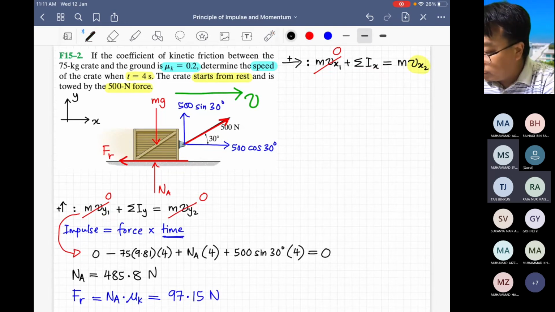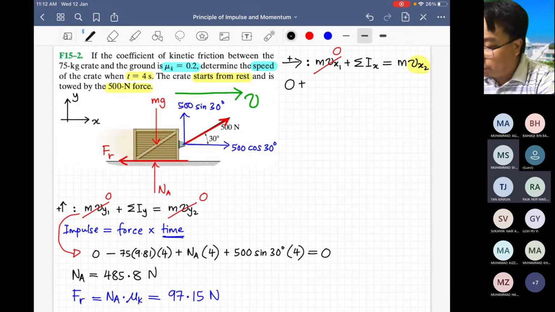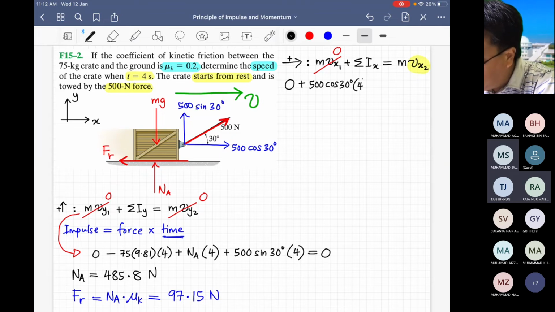Okay, so impulse in x-axis. So bila kita tulis balik yang equation ini, first kita start dengan kosong lah sebab kita tahu mvx1 sama dengan kosong. Tambah, now positif ke kanan. So yang 500 cos 30 ni positif lah. Yang friction ni akan jadi negatif sebab friction hala ke kiri. This one is pointing ke kanan positif. So yang positif is the 500 cos 30 degrees darab dengan 4.